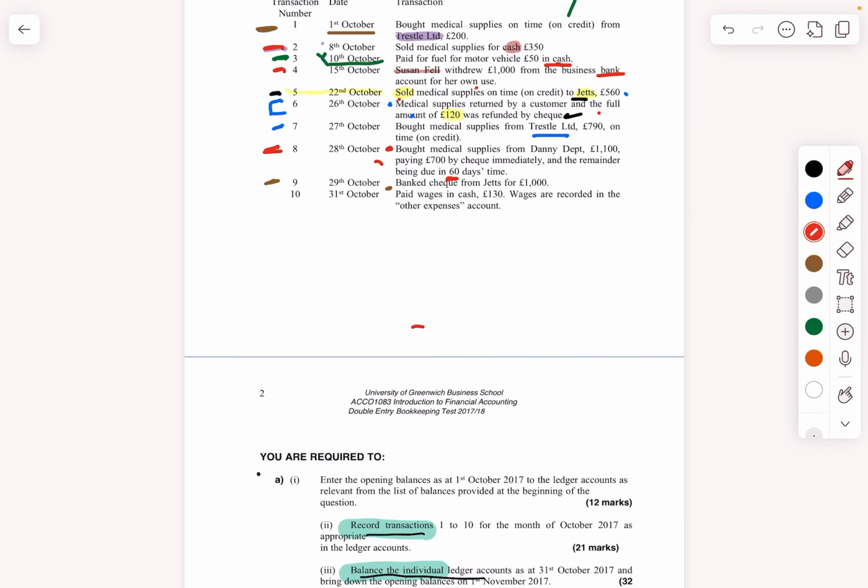Okay, last transaction, paid wages in cash 130. So we have paid wages in cash. Usually we do salaries, but this transaction said wages, so we will put it under the other expenses account.